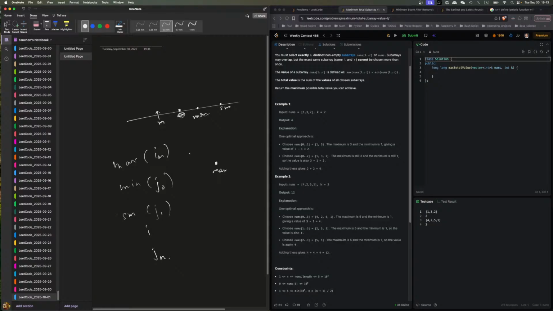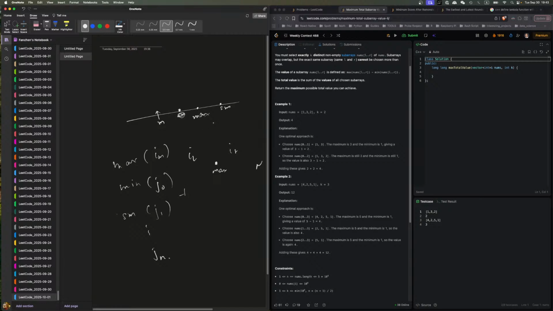So we can say I left, and I have I right. Initially, I left will be -1. I right will be the total length, I right will be n. So anything will be within, right? So every time we do this, we get it smaller.